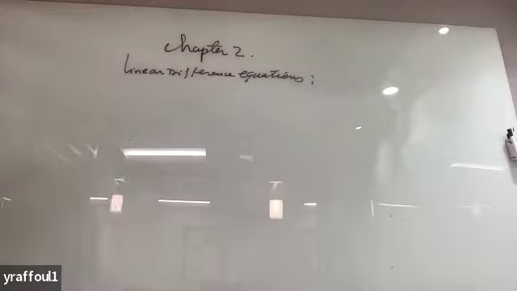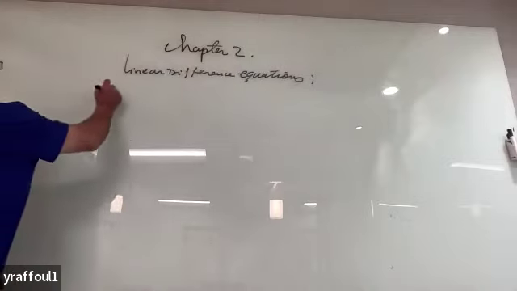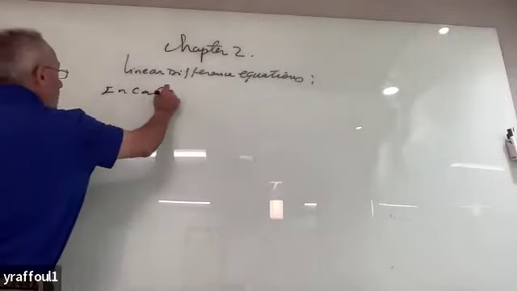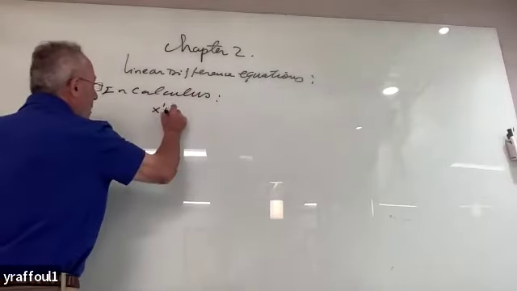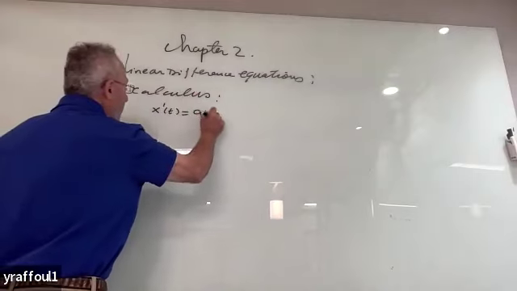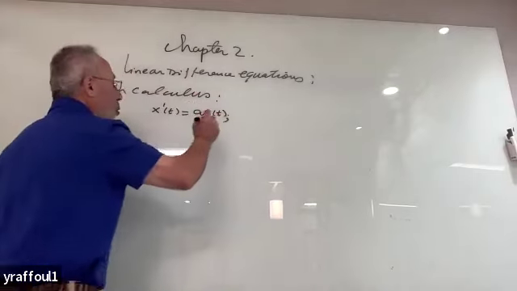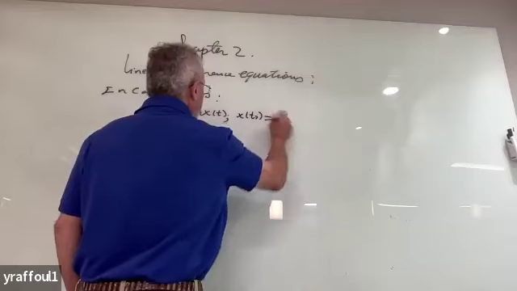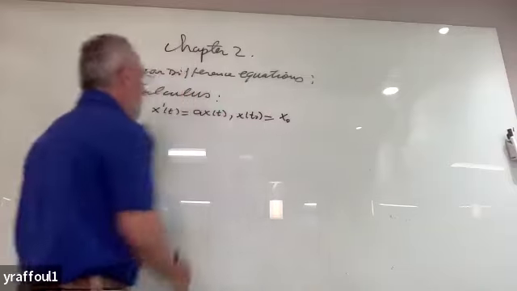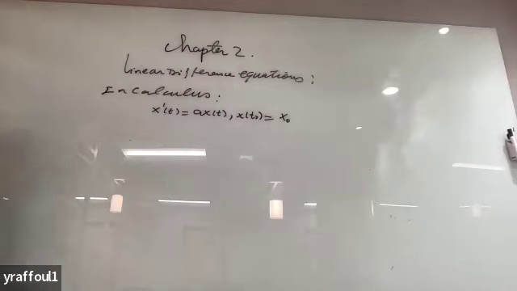So in calculus, we looked at x prime of t equal a x of t with x of t naught equal x naught. Remember this equation?